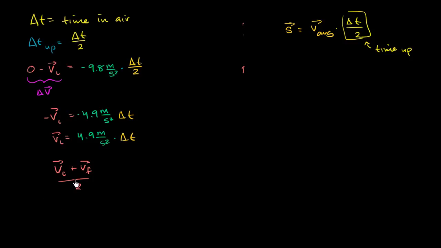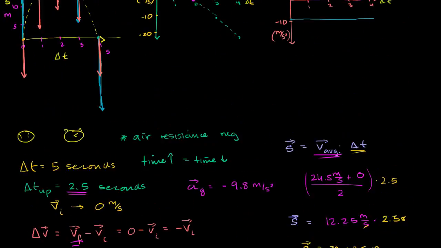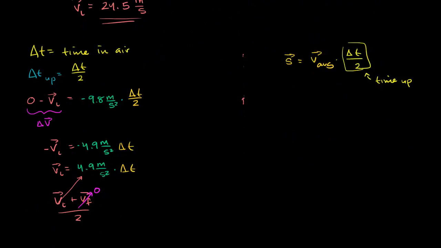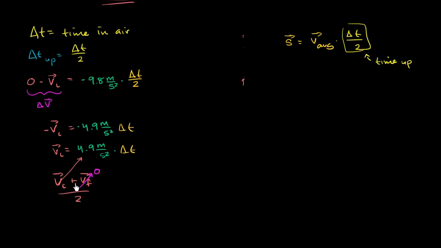Well, we know what our initial velocity is. Our initial velocity is this thing over here. Our final velocity, remember, we're just talking about the first half of the time the ball's in the air. So its final velocity is 0. We're talking when it gets to this peak point right over here. So our average velocity is just going to be this stuff divided by 2.